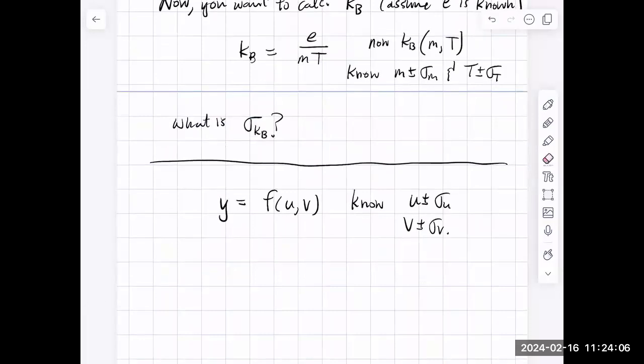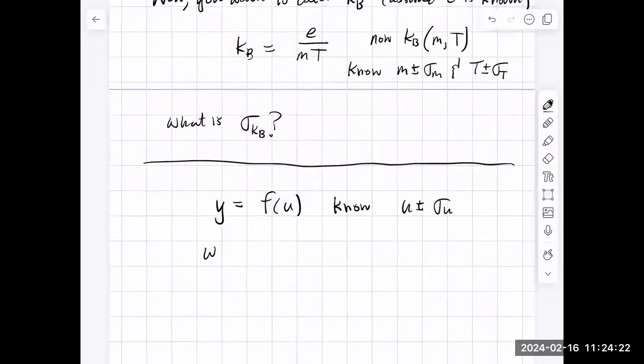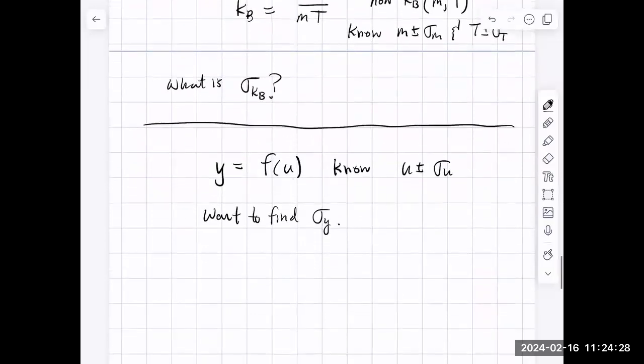Well, actually, sorry, I'm not going to do that. We are going to do that, but I'm going to start with an easier example first. Let's start with a function of a single variable, and we know u plus or minus sigma u. And so we want to find the uncertainty in y.